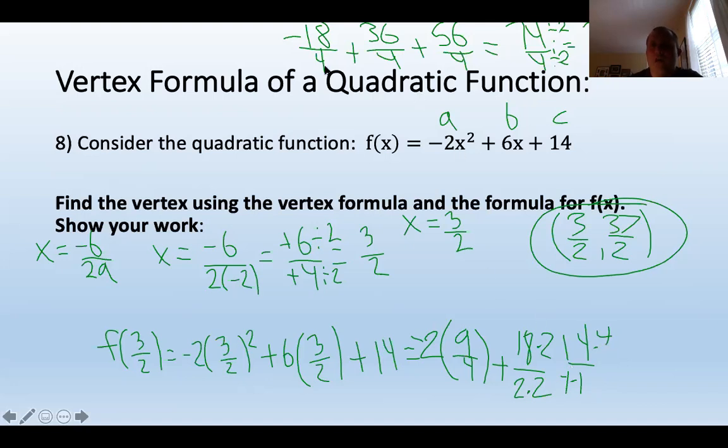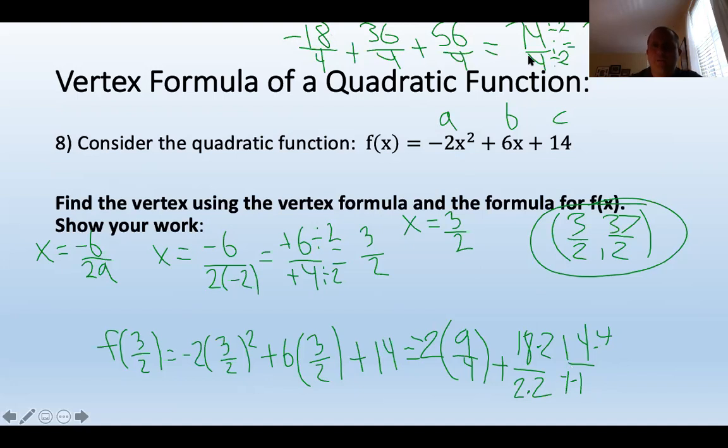And when you do all that, you end up with negative 18 over 4 plus 36 over 4 plus 56 over 4. Since all the denominators are 4, it's just a matter of adding left to right. So negative 18 plus 36 plus 56 gives us 74 over 4.